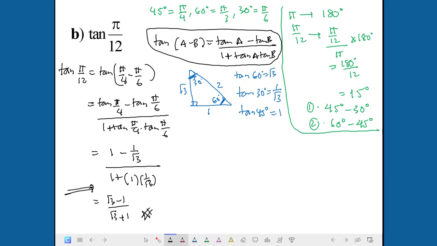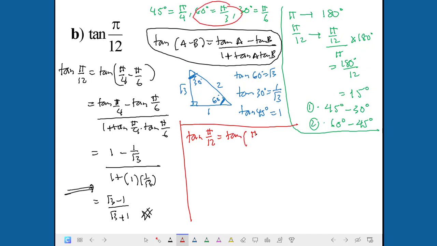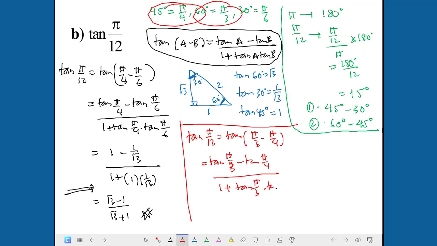Okay, and the second part, let's say you choose tangent pi over 12, tangent 15, is equal to tangent of 60 minus 45, which is tangent of pi over 3 minus pi over 4: tangent A minus tangent B over 1 plus tangent A tangent B. Then pi over 3 is 60, tangent 60 is root 3, minus 1, tangent 45 is always 1, over 1 plus root 3 times 1.